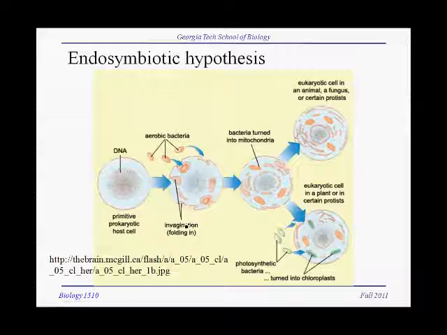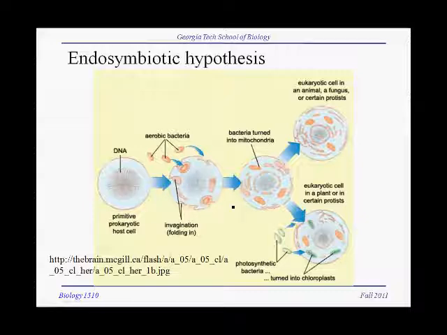It probably had a single circular DNA genome, and had a very simple cell structure. What this shows is it acquiring mitochondria through a process called endocytosis.